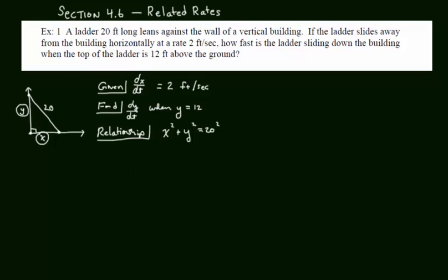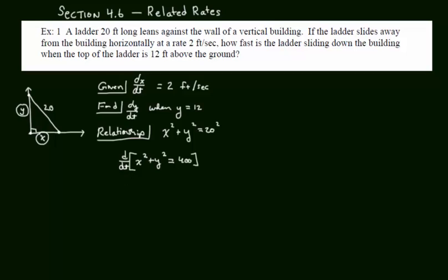We're going to use implicit differentiation. So what I'm going to do, I have this relationship here, and I'm going to take the derivative of the whole relationship with respect to time. So that means x is going to be a function of time, and y is also going to be a function of time. So we treat x like stuff, and we treat y like stuff.